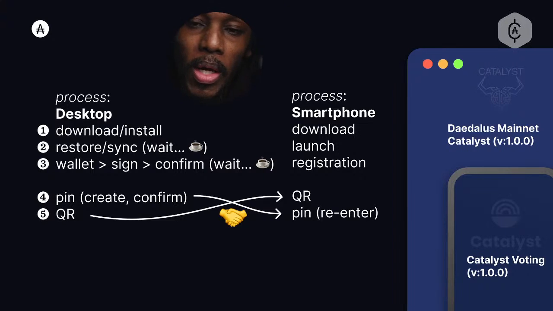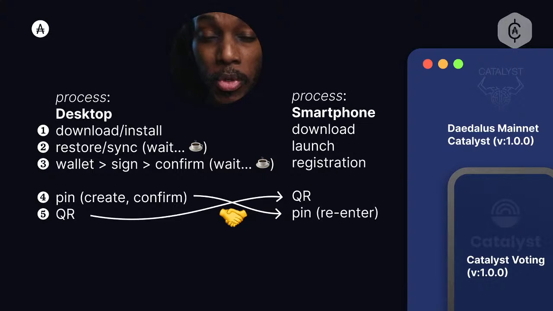Right, and then on the smartphone end, again, you've got pretty much 5 general stages. Download the app from Google Play Store or iOS App Store, launch it, and within the interface you'll be presented with the yellow or orangey field where you just tap on it and it will say complete registration.